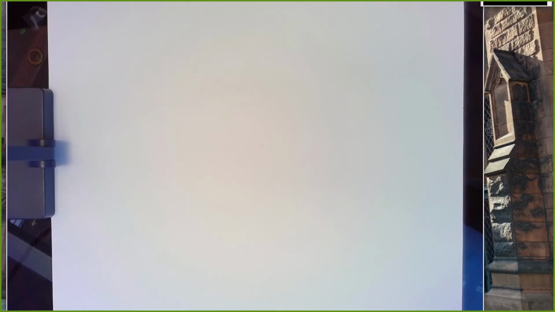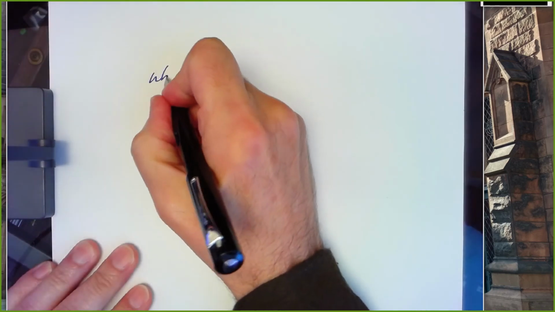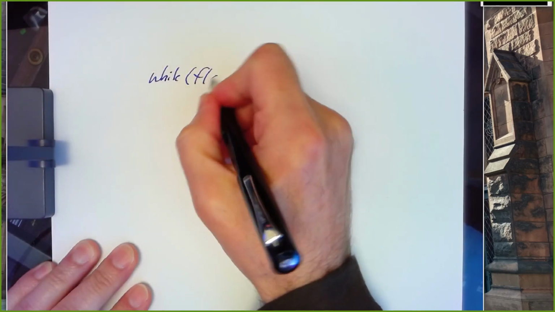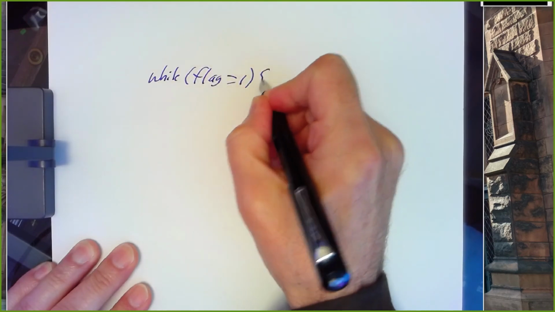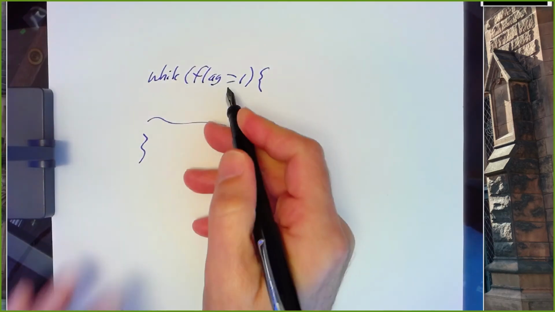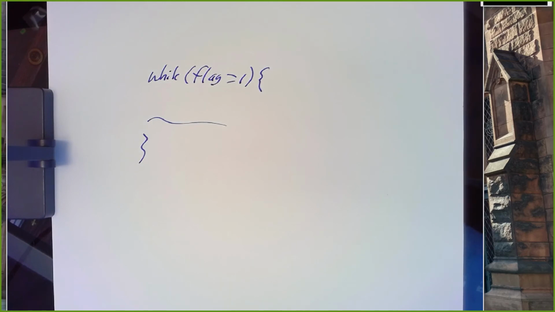Sometimes you run it and it looks like it's broken, nothing's happening. It's because it's in an infinite loop. And maybe you did something like while flag equals 1, and you used one equal sign instead of two, so it's not checking to see if flag is 1.